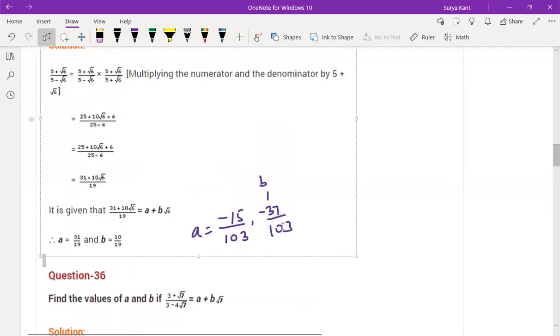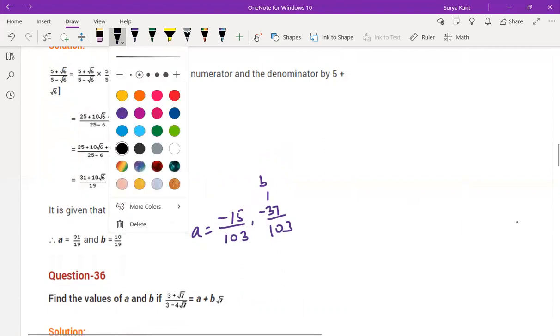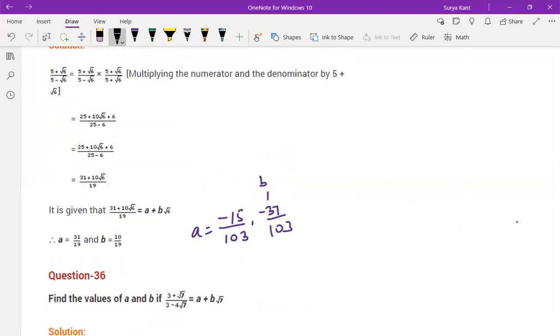Okay, sir. Once again we'll work it out, just to see how it comes. So 3 plus root 7 divided by 3 minus 4 root 7, multiply by 3 plus 4 root 7 divided by 3 plus 4 root 7.